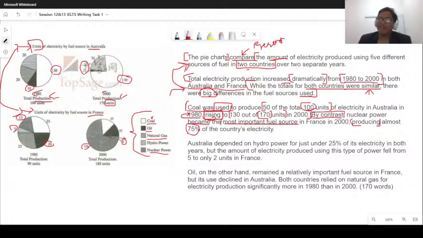Now, does this count as an analysis? If you can see it clearly on the chart, it doesn't. It's pretty much just presenting the data in a different way. Producing almost 75% of the country's electricity: if you look at France in the year 2000, that's definitely almost 75%, so this person is not wrong.